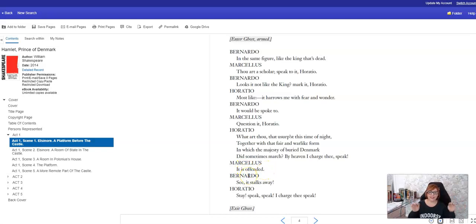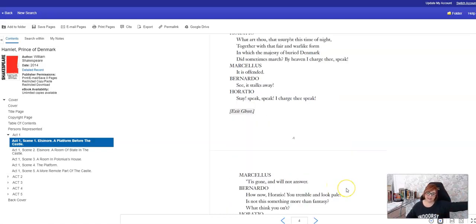And Marcellus says this because in the play, the ghost kind of starts shrinking away. He's like, ooh, and he kind of sneaks off the side of the stage. And then Bernardo goes, "See, it stalks away." And Horatio gets ill. He's like, "No, stay, speak, I charge thee, speak." But the ghost isn't having it. The ghost is like, nope, I'm out. And then he bounces. So, the ghost exits off stage at this point.